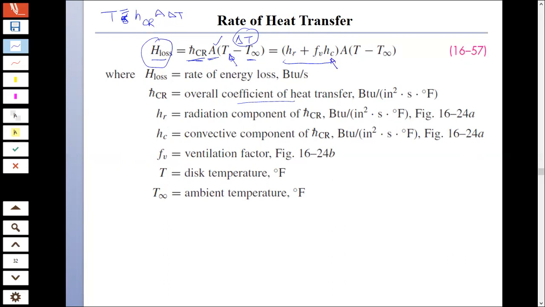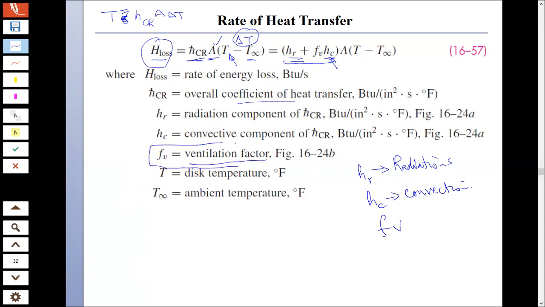Now, why are we writing it like this? Actually, your HR is the heat transfer coefficient for the radiant component of the overall heat transfer coefficient. So this is for radiations. HC is for convection, and FV is basically the ventilation factor, which we already talked about in bearings, but that was in a different context.